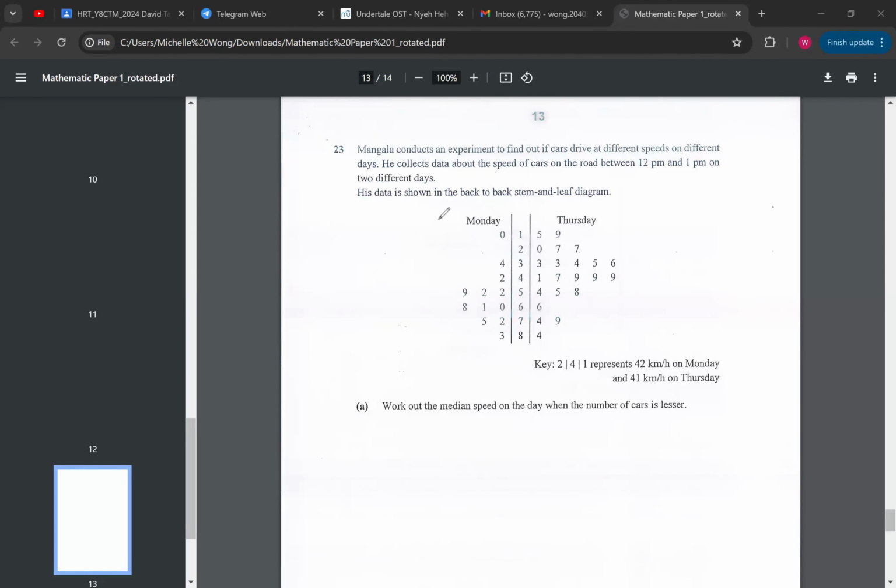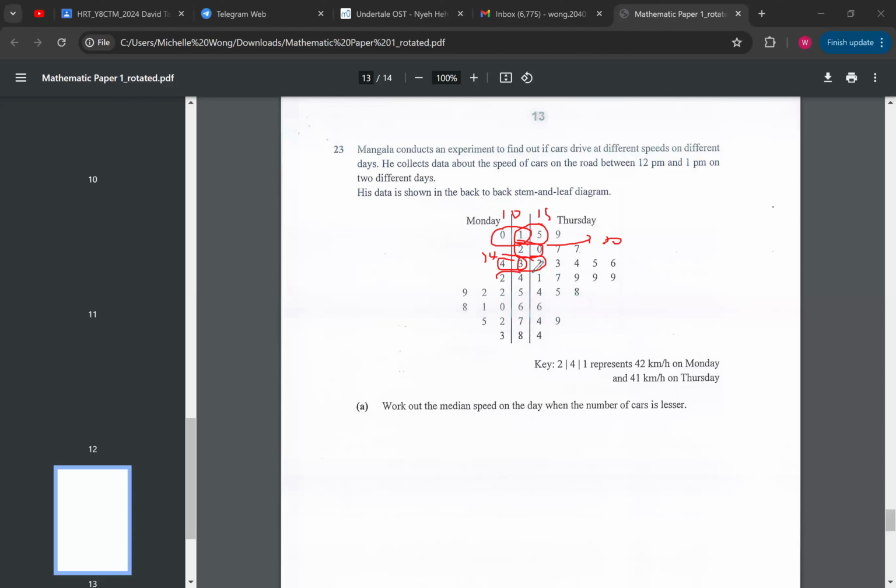So for this, it means 01 means 10, 15 means 15. So 20, this one is 33, but for here, it's 34.